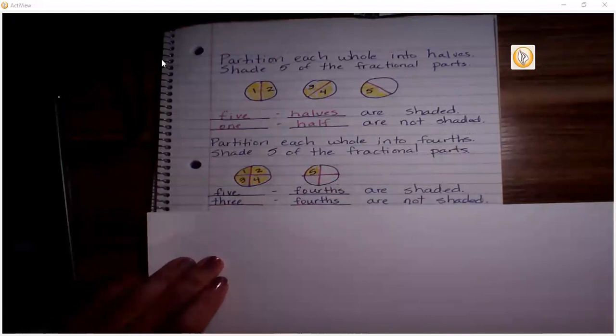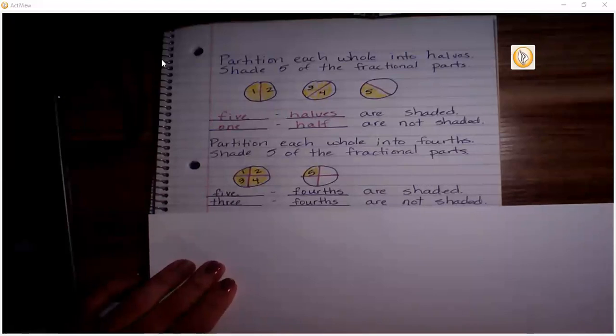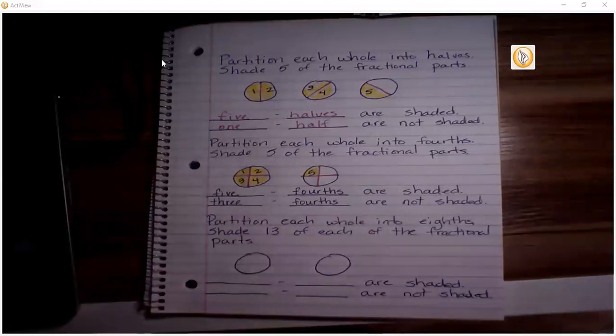Please record that sentence. You can pause the video right here if you need to finish writing. And if you're ready, we're going to go ahead and go to our last example.